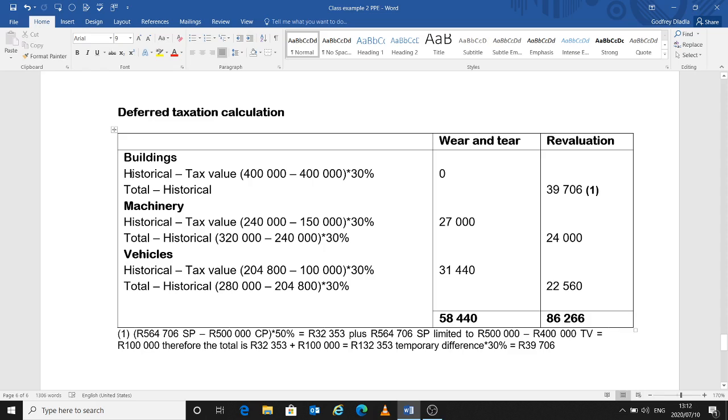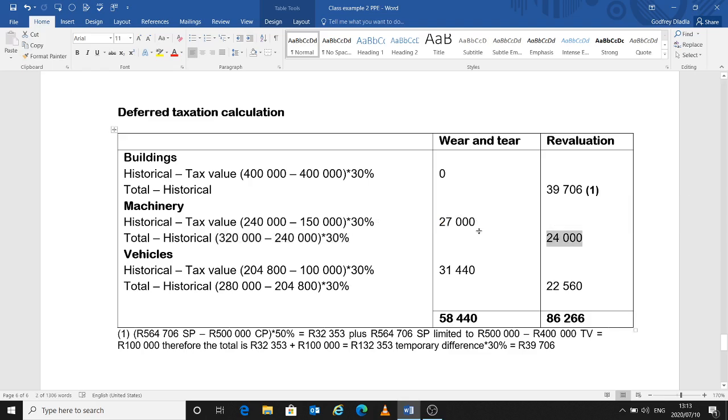Right. And then you'll do the same process here. If you compare historical, the last figures you see under historical and the tax value, they give you 90,000 times 30%, that gives you 27. If you compare total, which is 320 minus 240, that will give me 80,000. 80,000 times 30 gives me this 24.